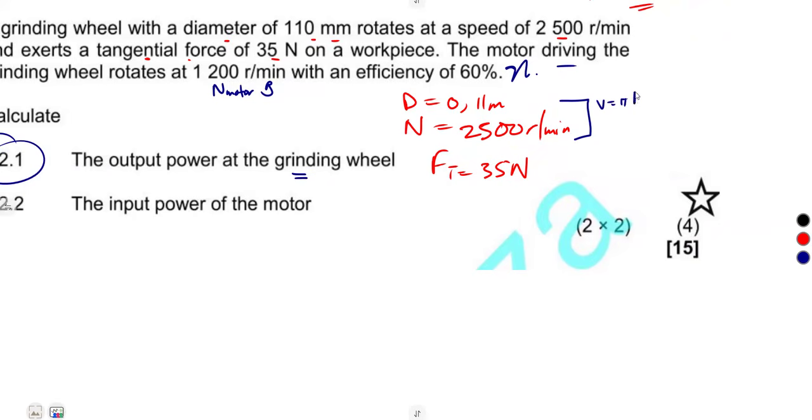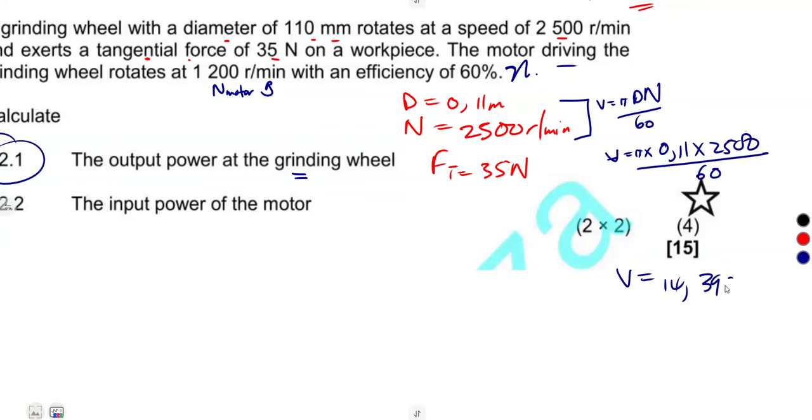Remember velocity, pi dn over 60. So that's V is pi times d, 0.11, all right, times 2,500 over 60. That's what's going to give us the value of V, 14,399 meters per second.